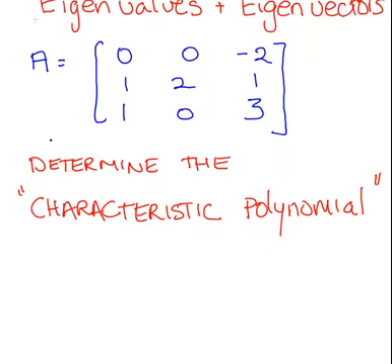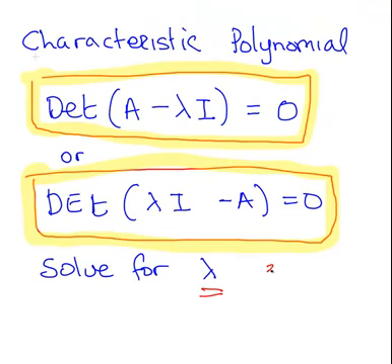If A here is a 3 by 3 matrix, we should have 3 possible solutions. They may not necessarily be unique, and in fact in this example they're not, but there are usually 3 solutions.